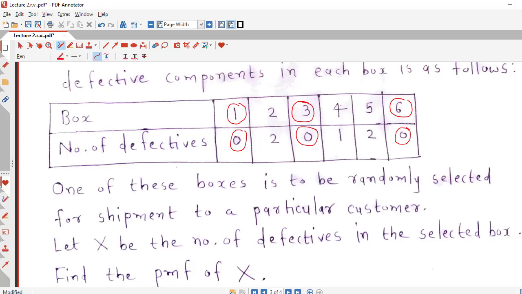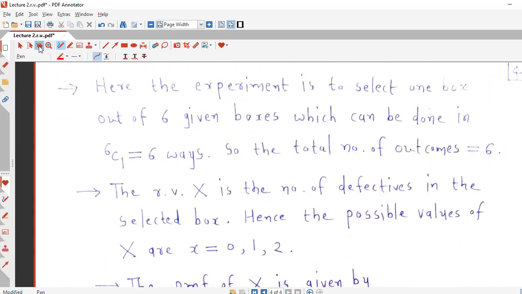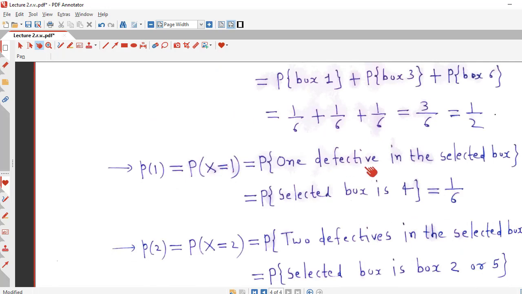So you can see box number 4 has only one defective. So the event that there is one defective in the selected box is nothing but the event that box selected is box number 4 and its probability is 1 by 6.